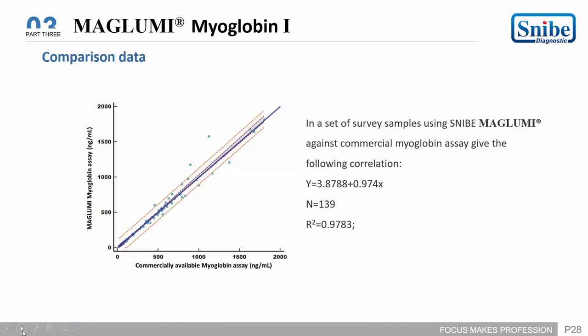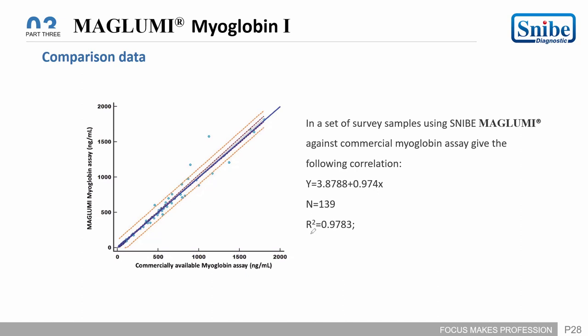If we compare the Meglumi myoglobin assay results in terms of nanogram per ml with other commercially available myoglobin assays, 139 samples were used in this study, and they were compared with the commercially available myoglobin assay.